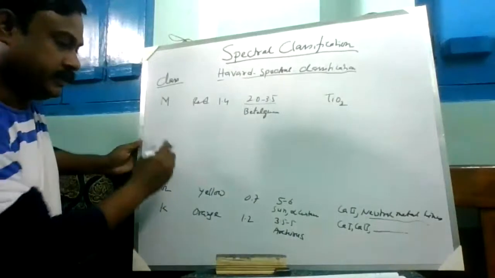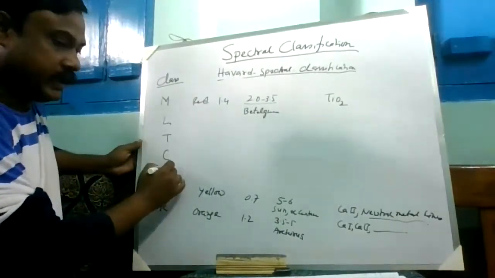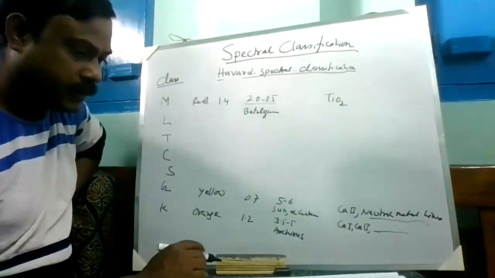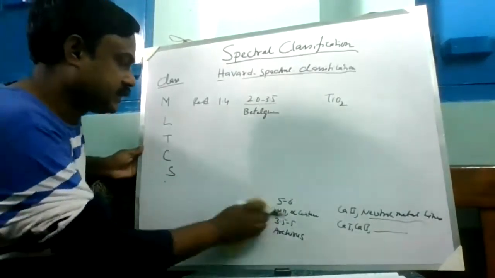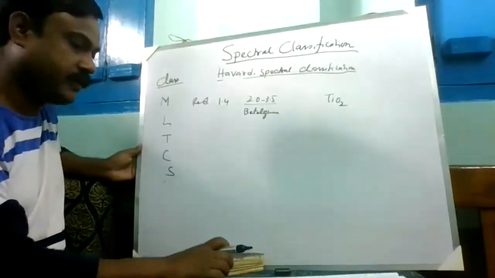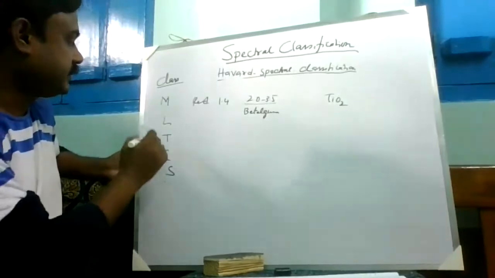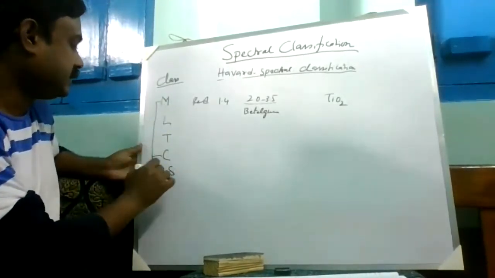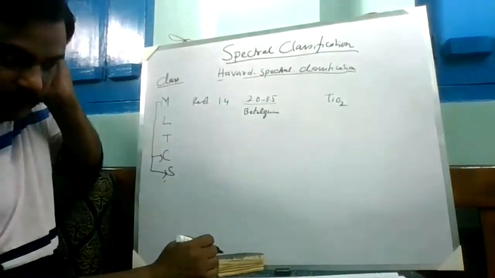After that, R, N, and S spectral classes are there. Their temperature is similar to that. For example, C and S spectral classes are similar to the M spectral class.